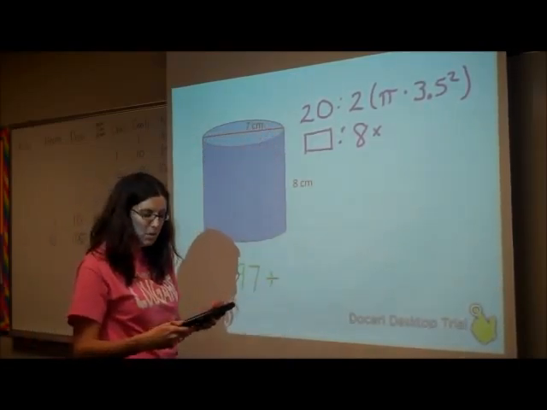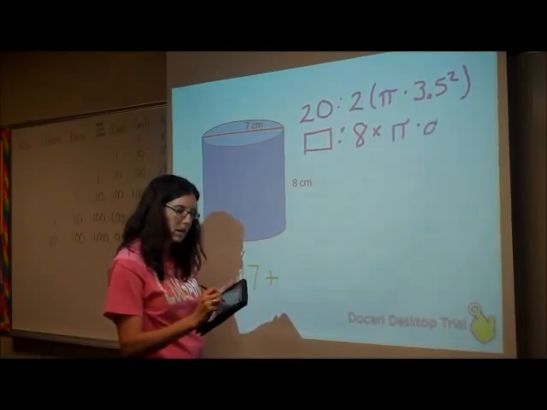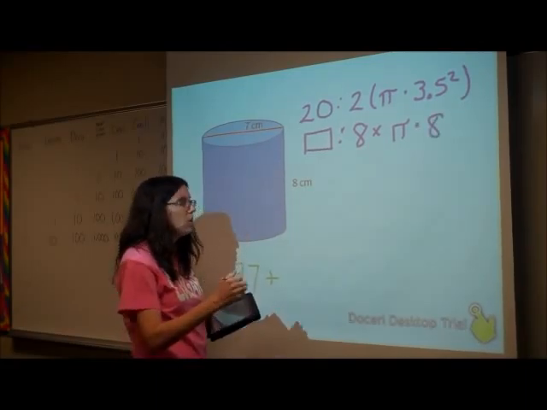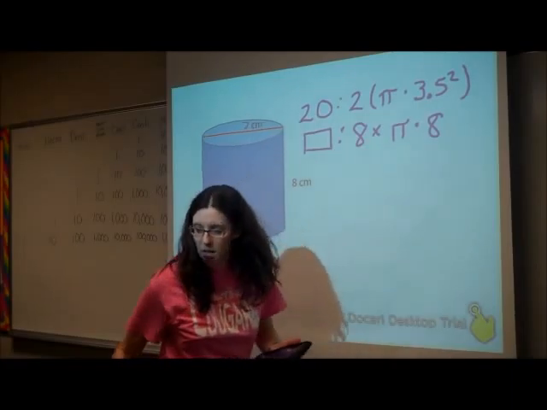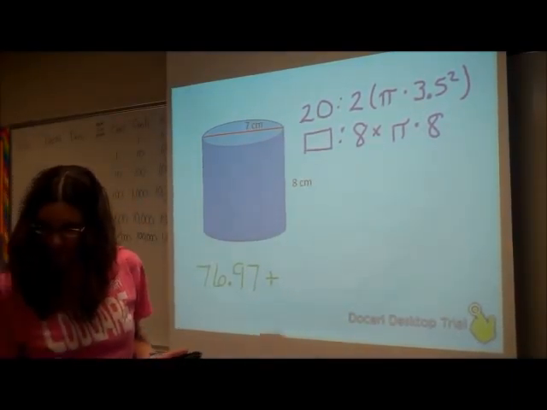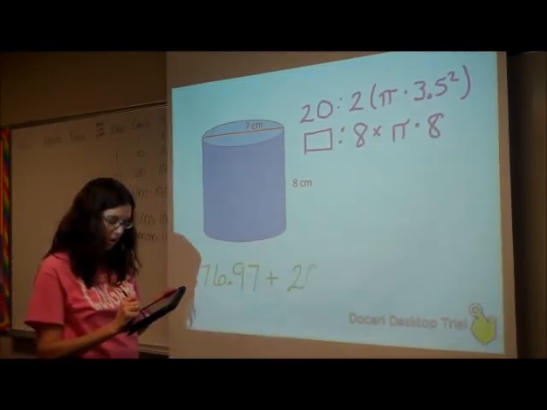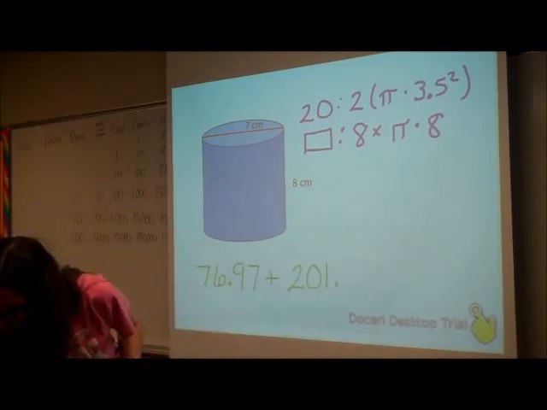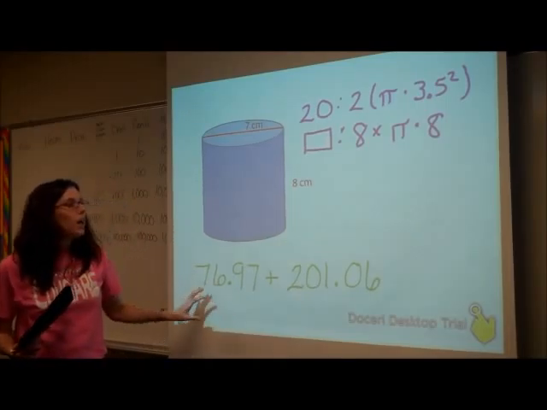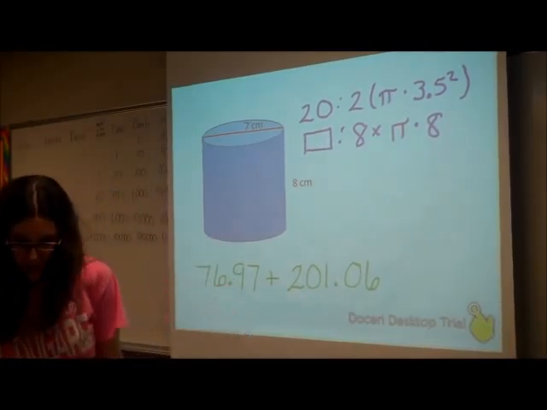Since I was given my diameter, I'm going to use pi times the diameter, which is 8. So I want 8 times pi times 8, which is 201.061, so 201.06.